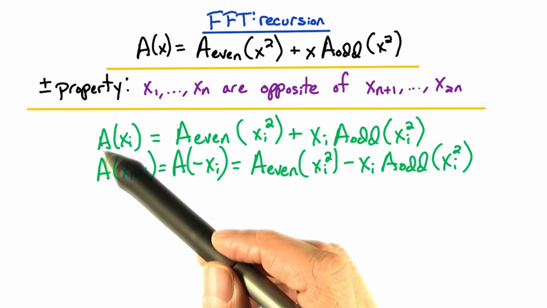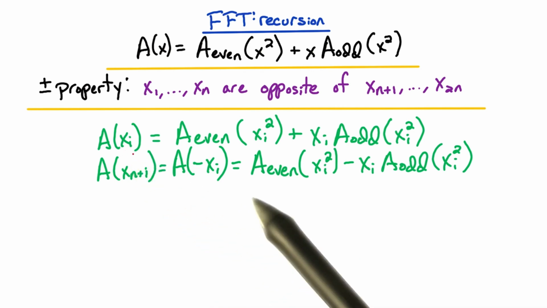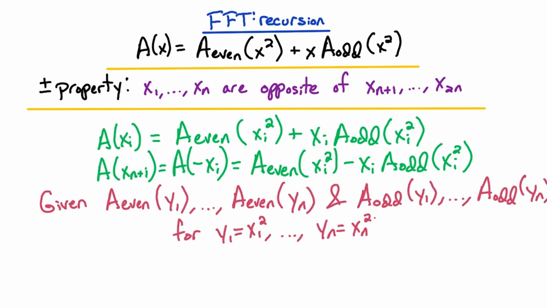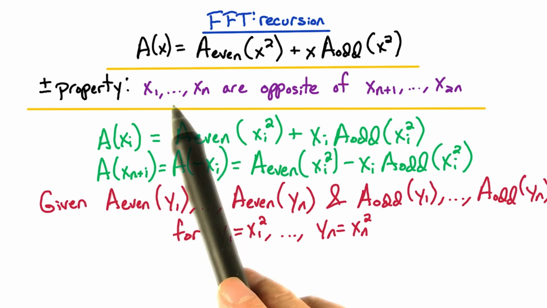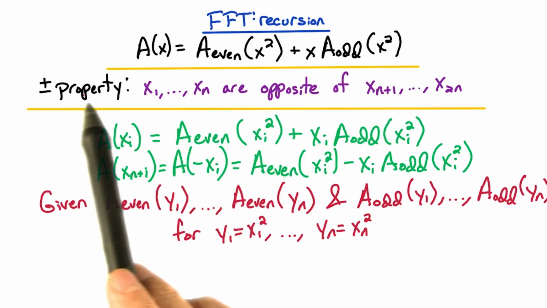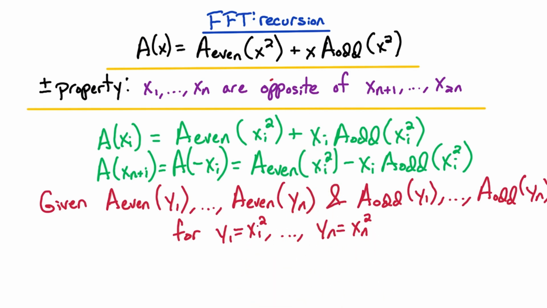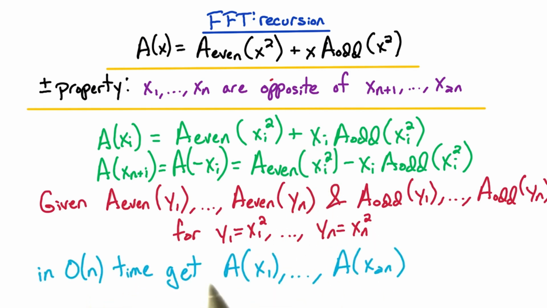So notice, to get A at these two different points, we need A even and A odd at these same points. Our conclusion is that if we're given A even and A odd at these endpoints, y1 through yn, which are the squares of these two endpoints, notice that since these two endpoints satisfy this plus-minus property, the squares of these two endpoints are these endpoints. Then in order n time, we get A evaluated at these two endpoints.